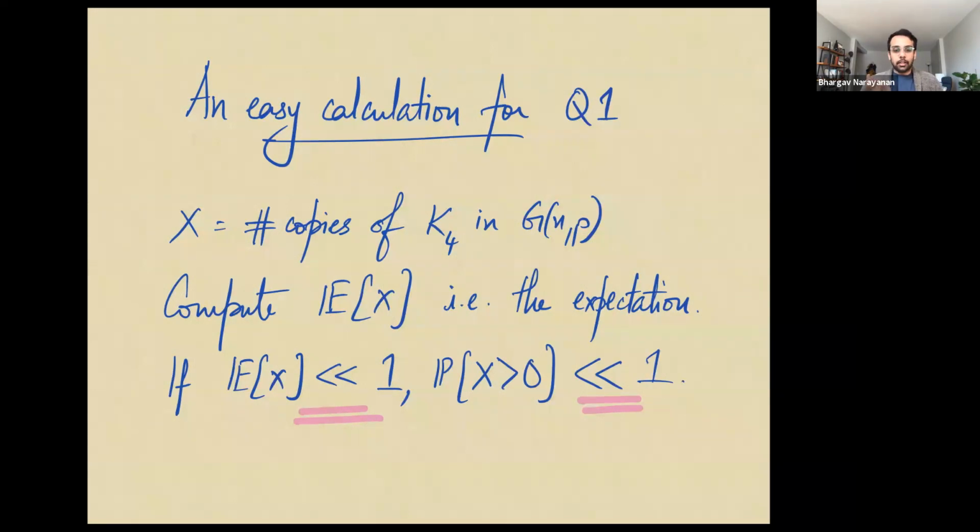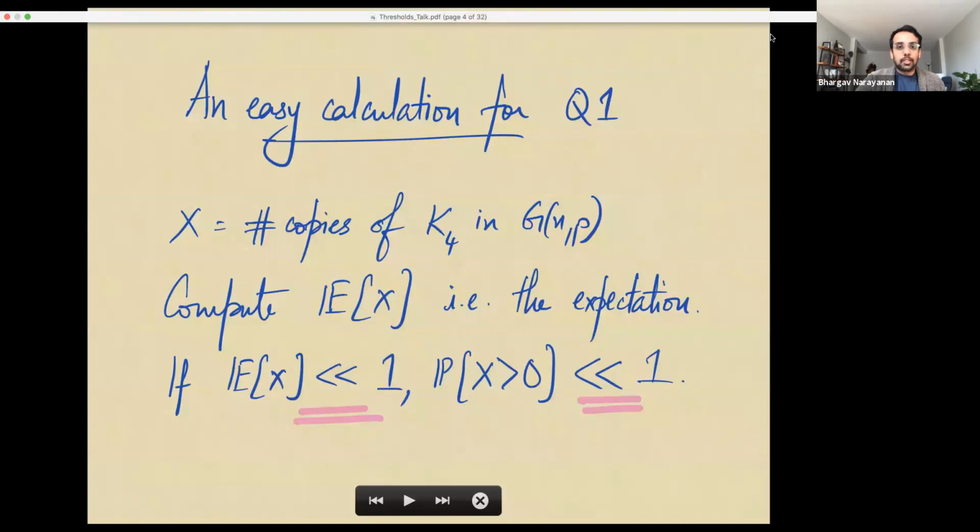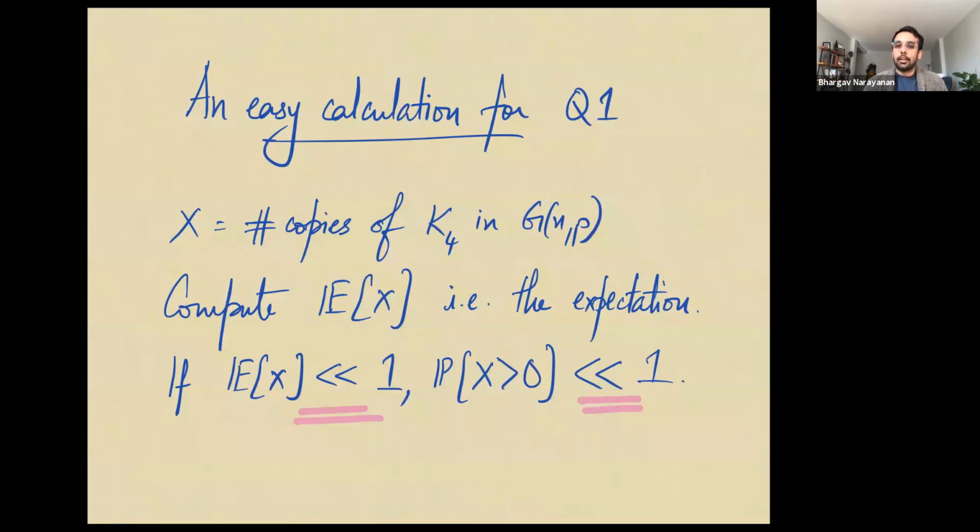We define a random variable X that tracks the number of copies of K4 in G(n,p), and we compute its expectation. We know from Markov's inequality that if the expectation happens to be tiny, then the chance of seeing even a single one of these things is very small. So that's a good place to start.